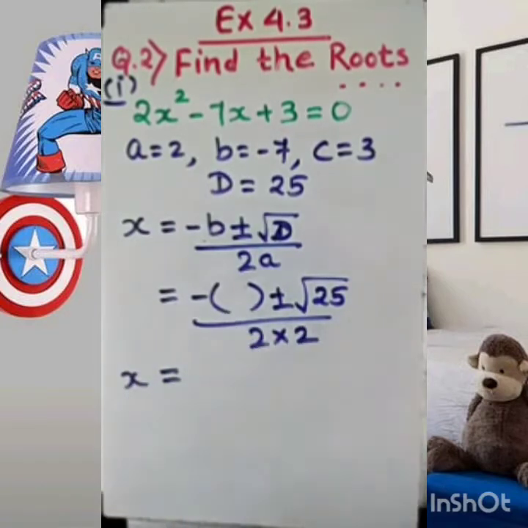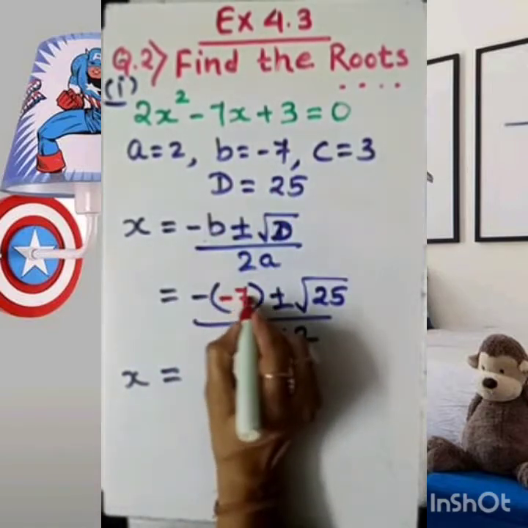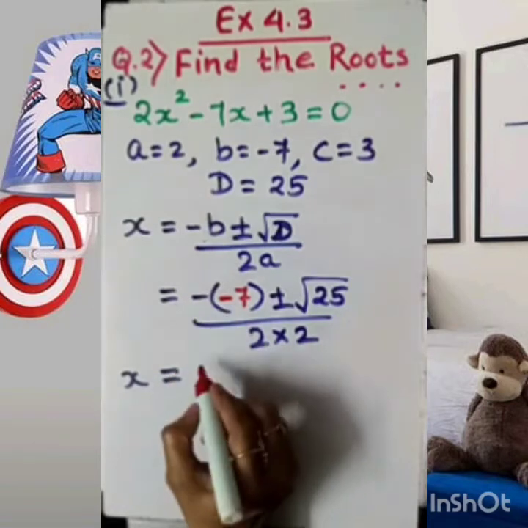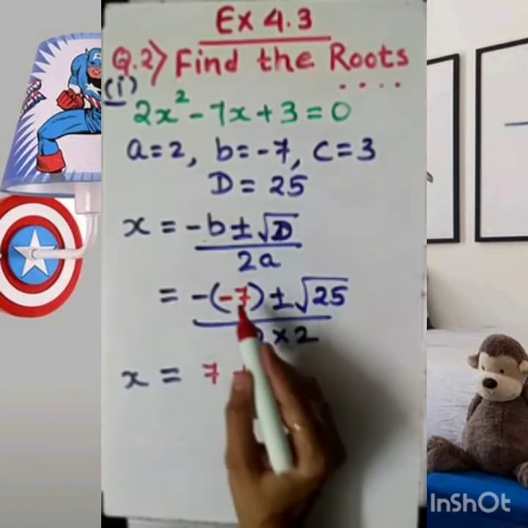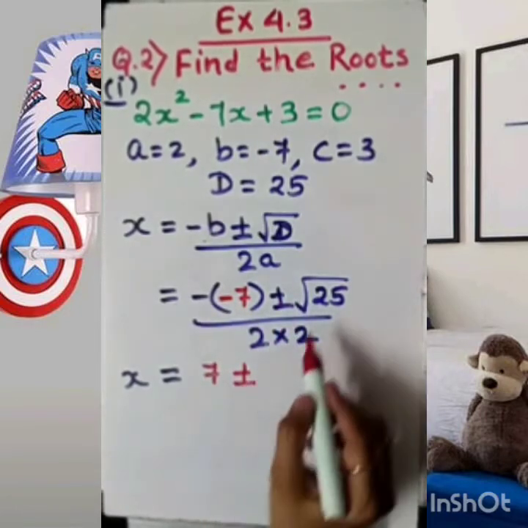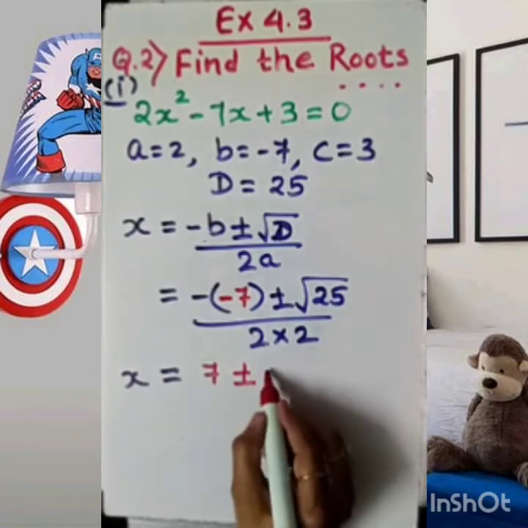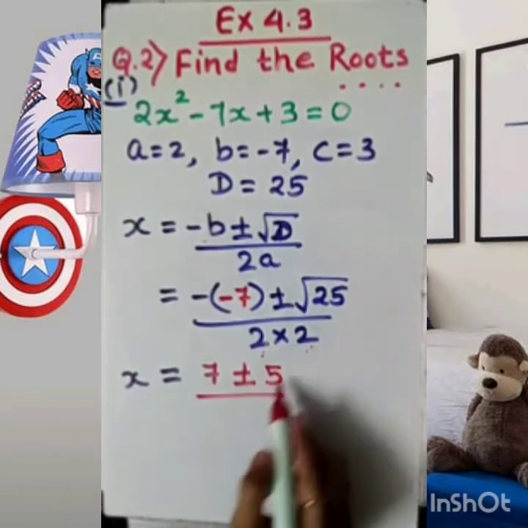The value of b is minus 7, it is negative, so minus minus becomes plus: 7 plus or minus. We know that under root 25 is 5, a perfect square, and here 2 times 2 is 4.